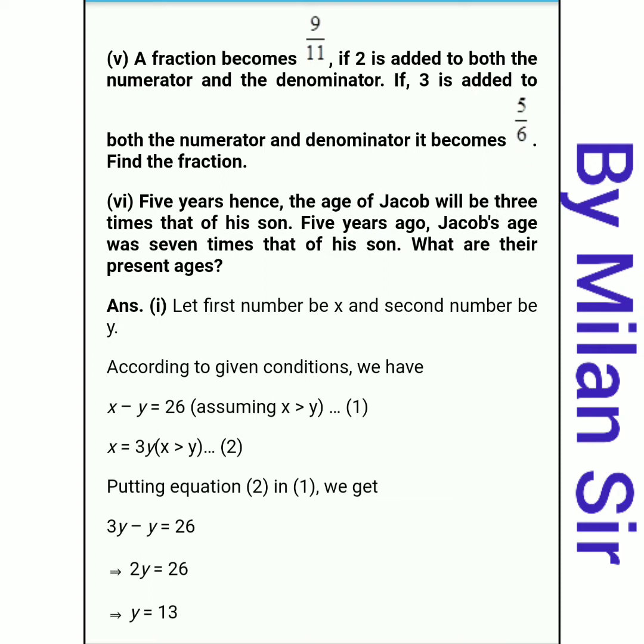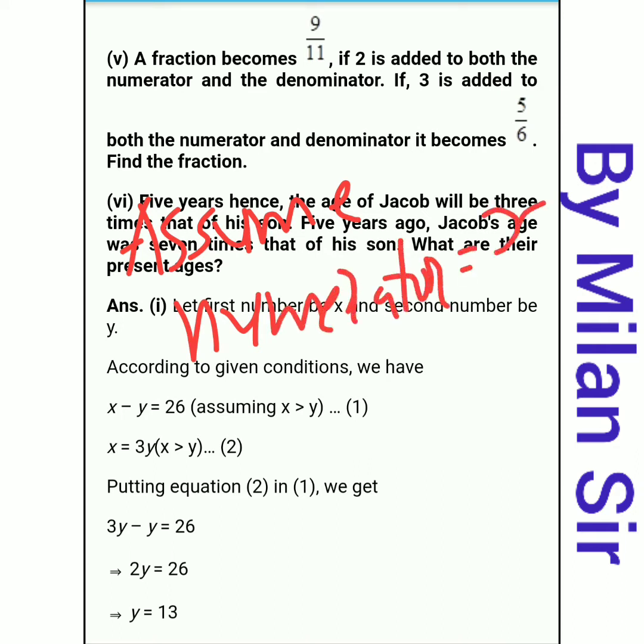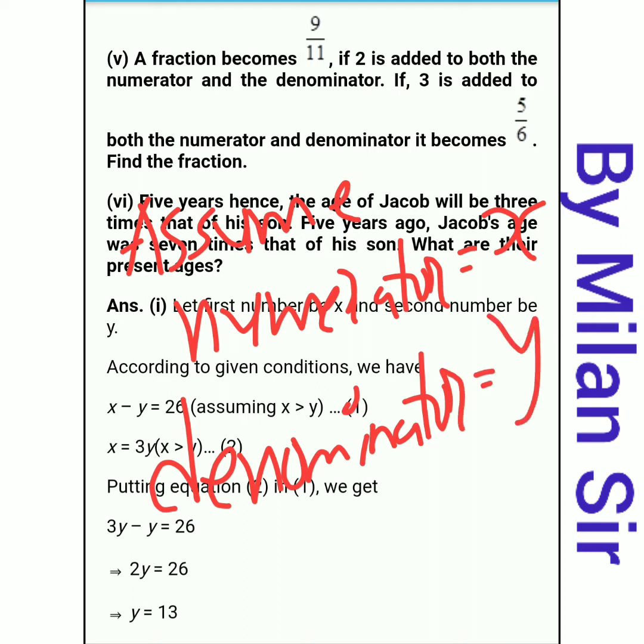Now in a fraction, two things are there, numerator and denominator. So assume our two variables: the numerator of the fraction is equal to x and the denominator of the fraction is equal to y.